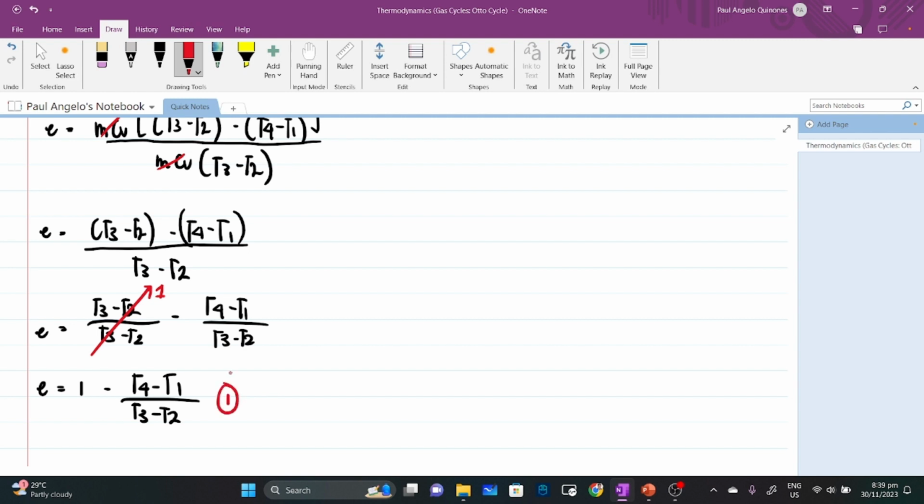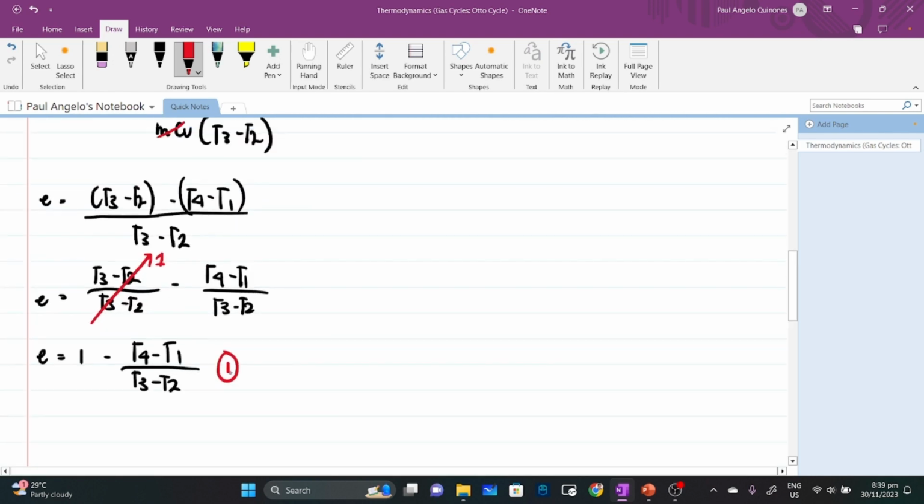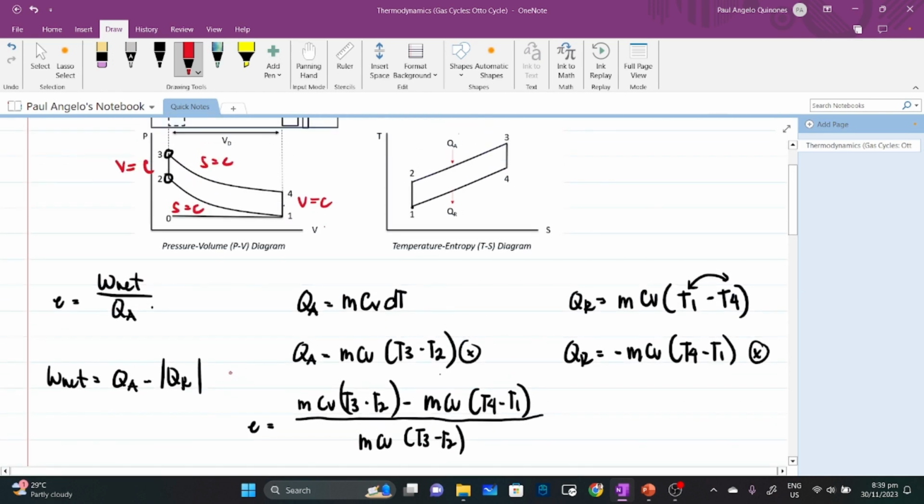Next, after equation number 1, let's analyze how we are going to solve for T sub 2. Of course, you will start first at point number 1. You need to solve for P1, V1, and T1 as well. After that, you need to solve for P2, T2, and V2. How am I going to solve for this one?